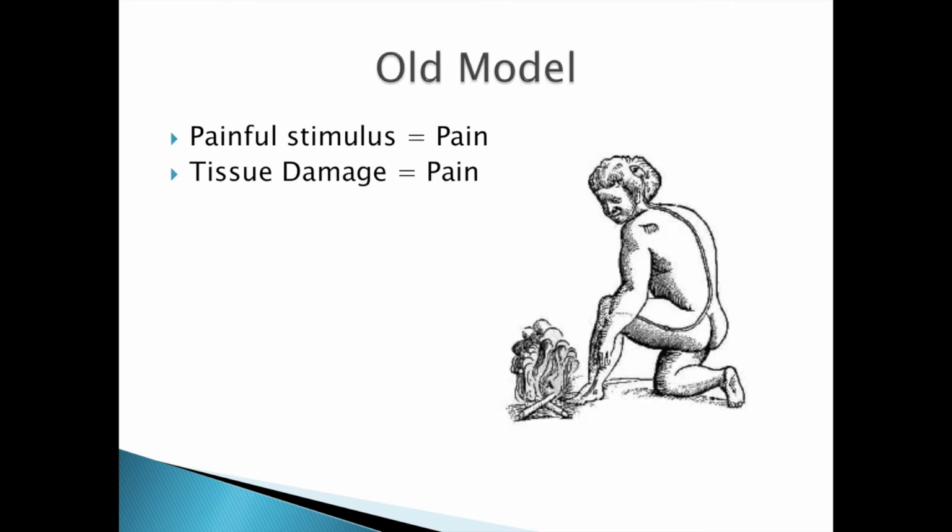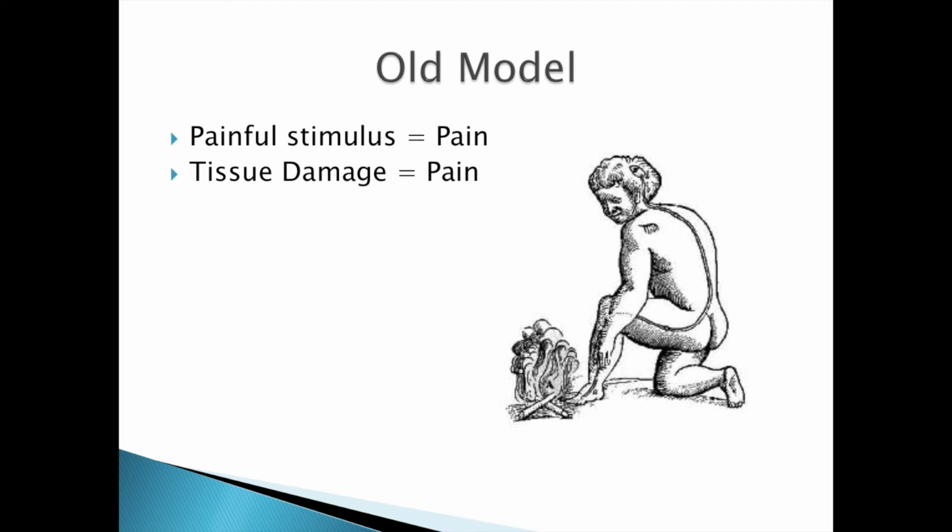So leading on from that, as I've said, we've studied pain in a lot more detail, and we understand things about pain a lot better now than perhaps we have in the past couple of decades. This old model of pain is probably somewhere where a lot of our patients sit, and in all fairness, a lot of therapists probably sit before they do their research or their reading or their studying.